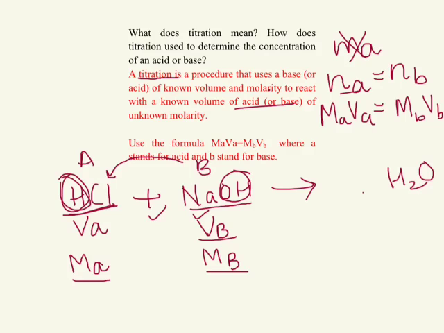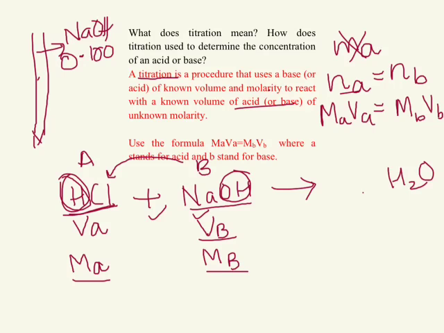Yes. So here, for example, we use a burette to do this reaction. So here's a burette, and in this burette we have sodium hydroxide. And let's say the concentration of this base is 0.100 molar NaOH. And we have an acid here, and let's say we took 25 ml of acid.